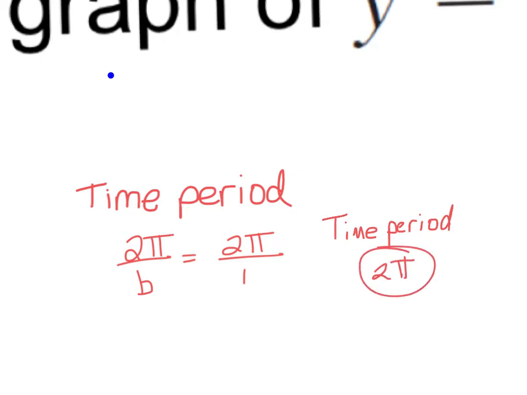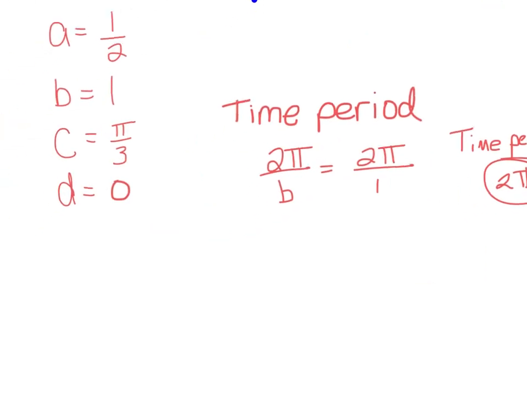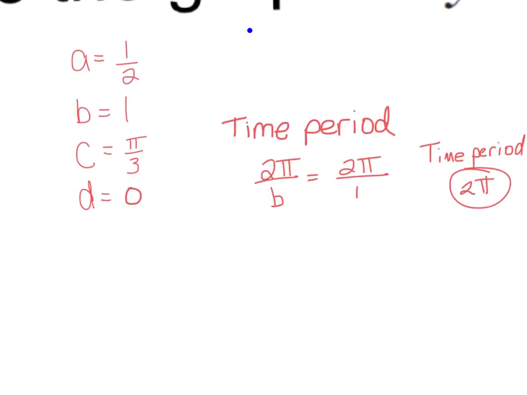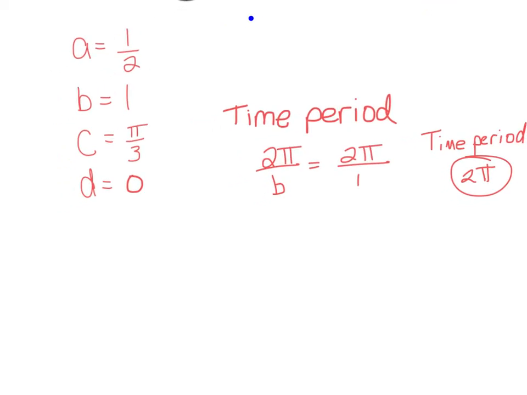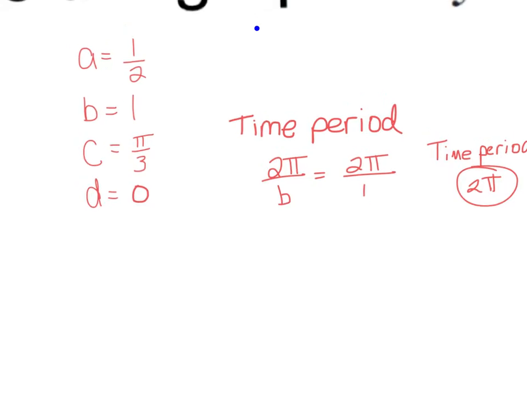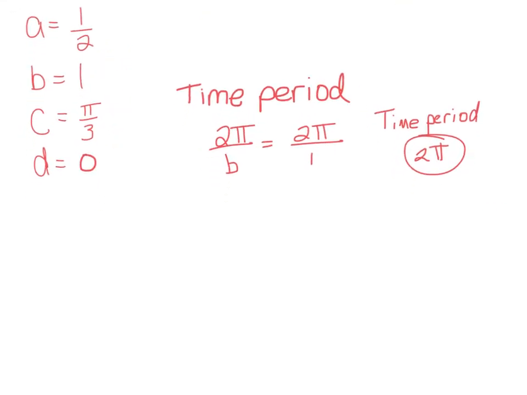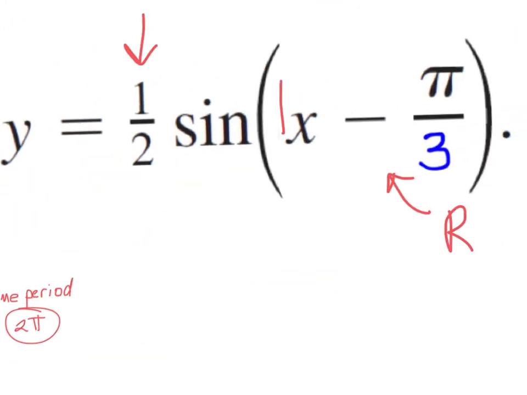Okay, so now we need to find out where our starting point is. Our starting point, it's a little easier to think about it when you have more to work with, but our starting point is going to be, what's the easiest way to say this? Hold on, let me think for a second. Our starting point is going to be our C over B, right?